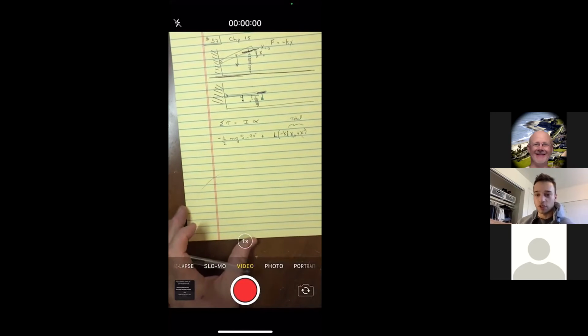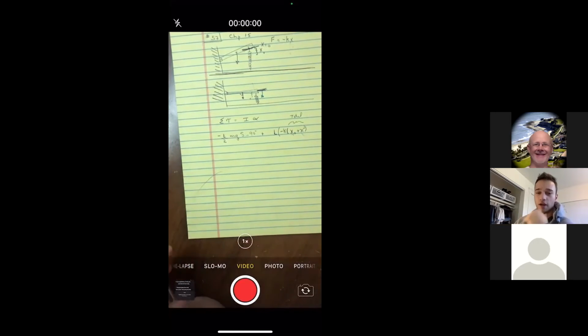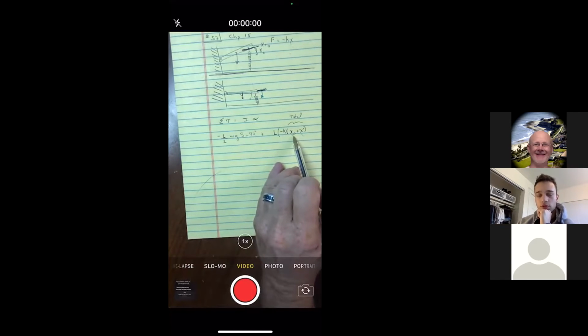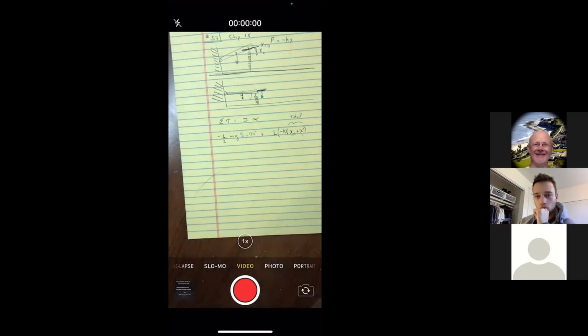And then you push it down even more. Yes, to get it oscillating. Okay. So I'm going to break the compression of the spring into two pieces. This piece is from the weight of the plank, and this piece is my extra little push that I give it to disturb it and make it oscillate.